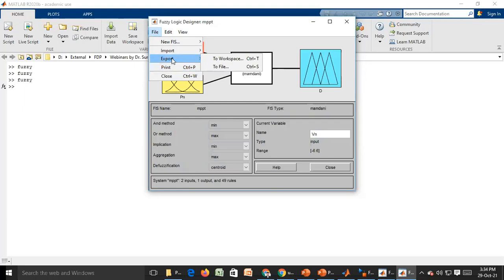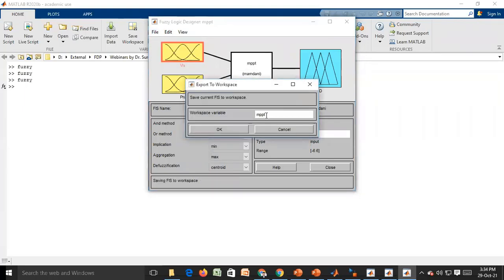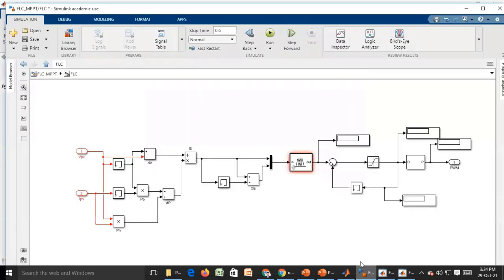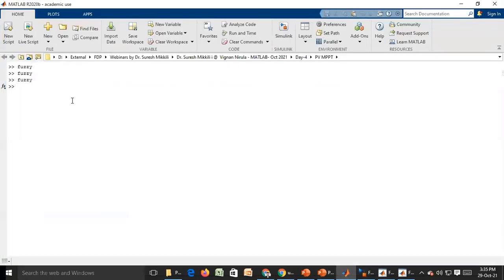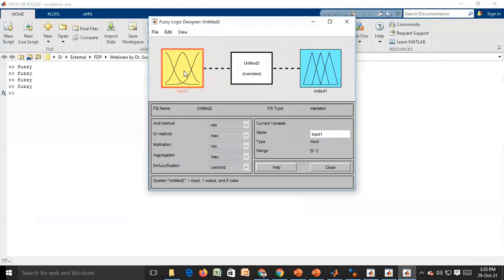After importing, we need to export it to the workspace with the MPPT name. Whatever name I am exporting with, I need to give the same name here, MPPT. So first I am typing fuzzy here, then one fuzzy inference system block will be there.